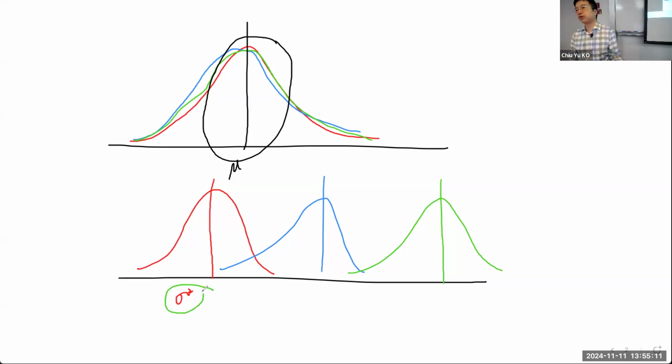They should be close to sigma square. They tend to be small, because within the group, the variance shouldn't be too much different.